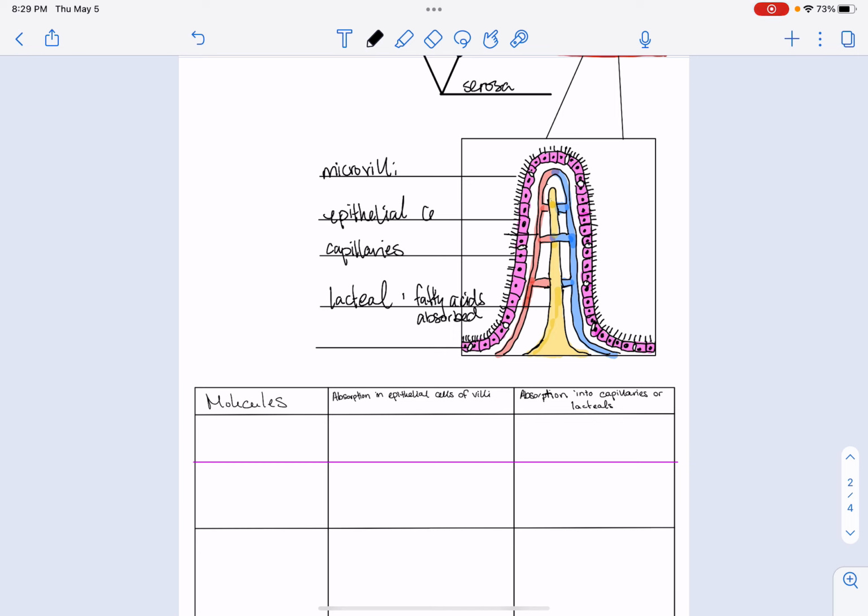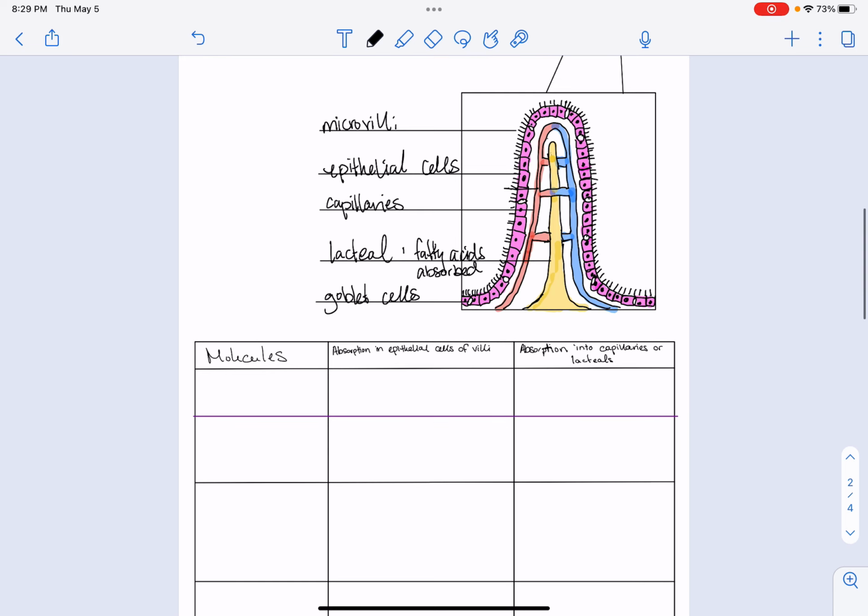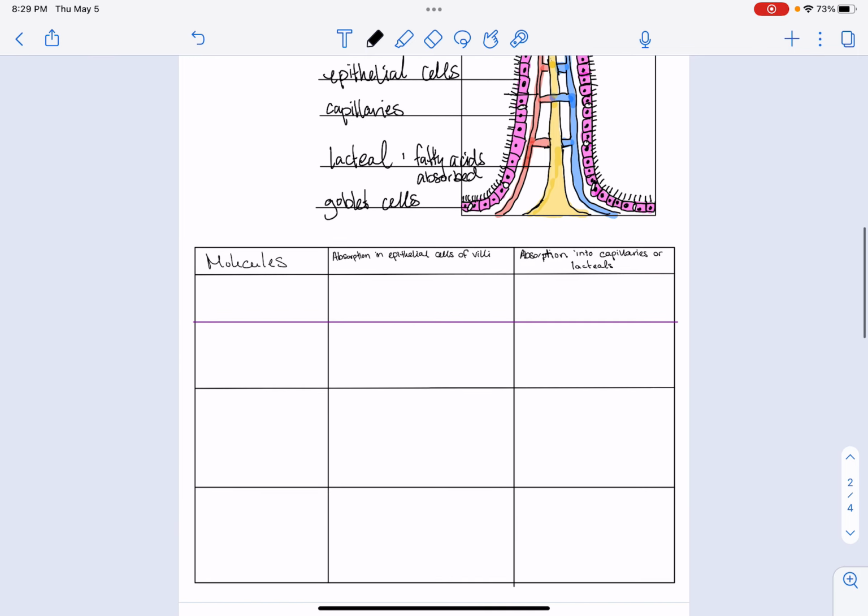In between the epithelial cells, you have these goblet cells, and these secrete mucus to keep the surface moist.